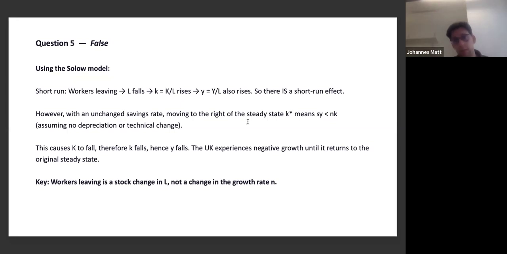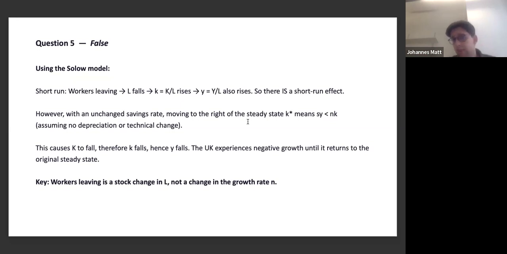So there's not enough capital per worker at the moment, and so we would be accumulating capital at a higher rate than capital would be falling due to population. And then on the right-hand side of the steady state ratio, we're decumulating capital faster than we're adding new capital, and so we're reducing the capital stock per worker until we reach the steady state level. All of this is, of course, assuming no depreciation, just to keep the analysis simple.